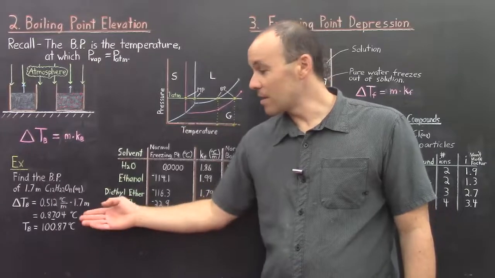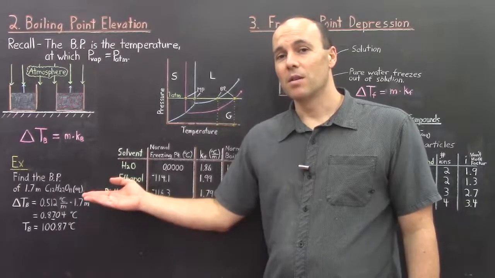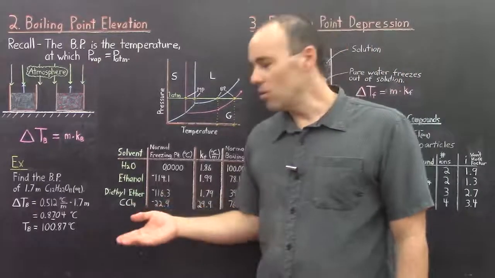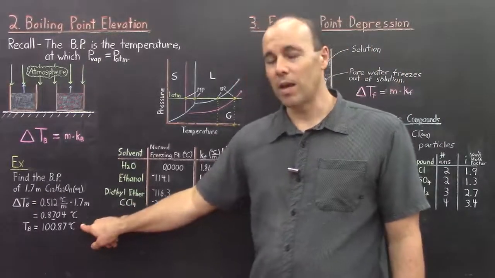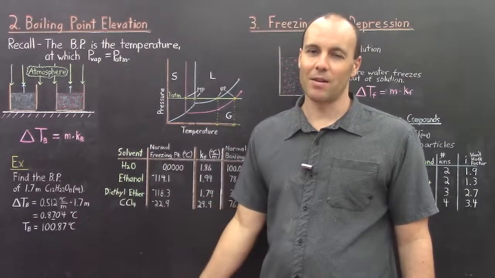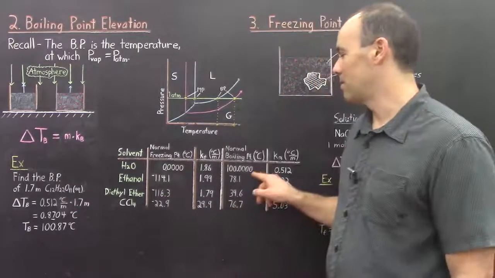And so that's how much it increases. So we have to add that to the original boiling temperature, and the new boiling temperature is 100.87 degrees Celsius. So the solution has a slightly higher boiling temperature than pure water.